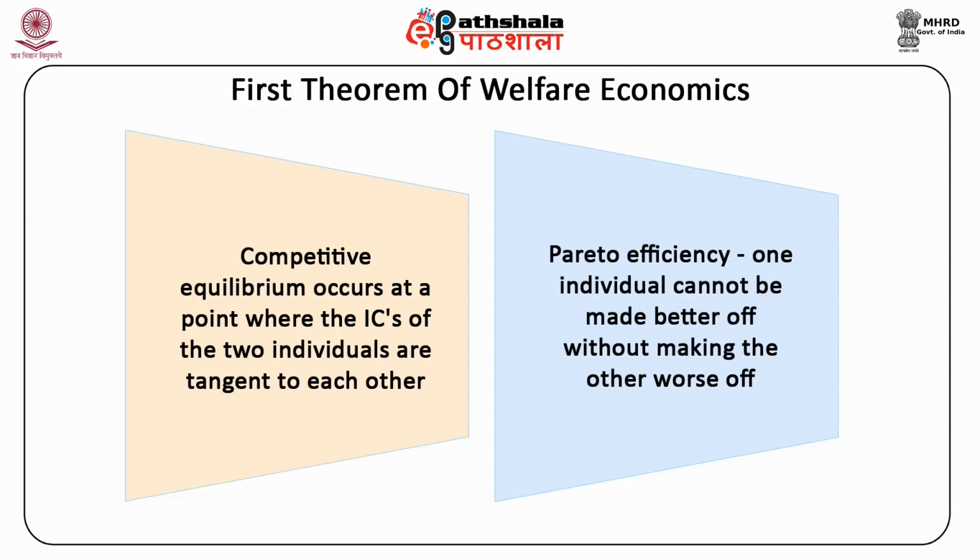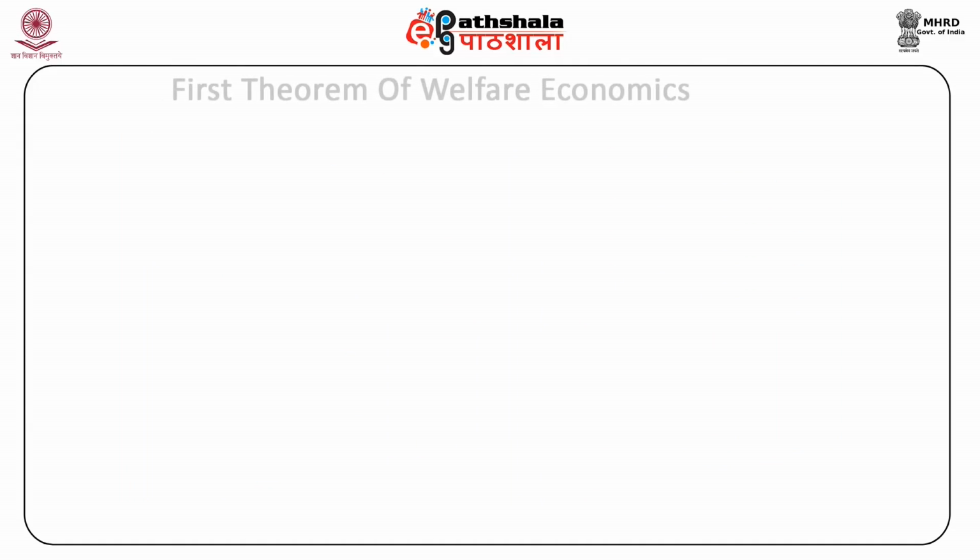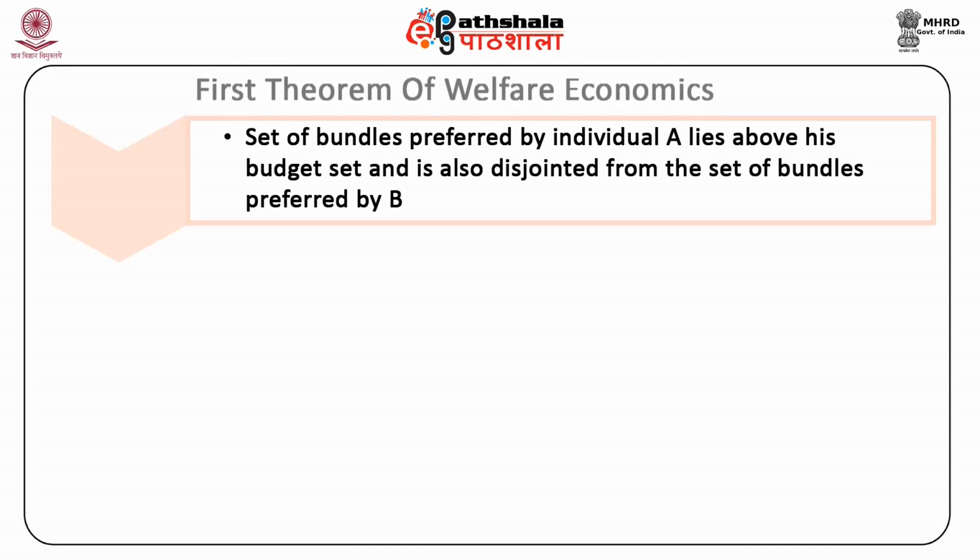Pareto efficiency is defined as a situation where one individual cannot be made better off without making the other worse off. In other words, a point where the set of bundles preferred by individual A lies above his budget set and is also disjoint from the set of bundles preferred by B. The same holds true for individual B also.